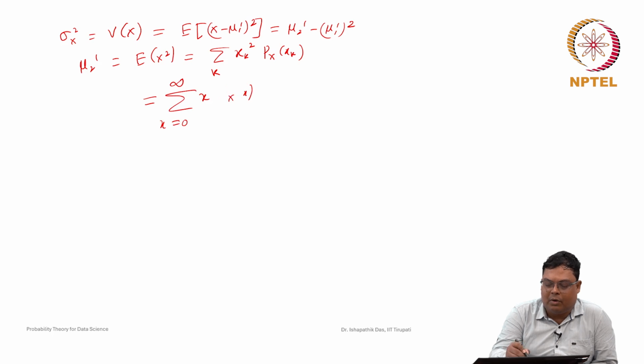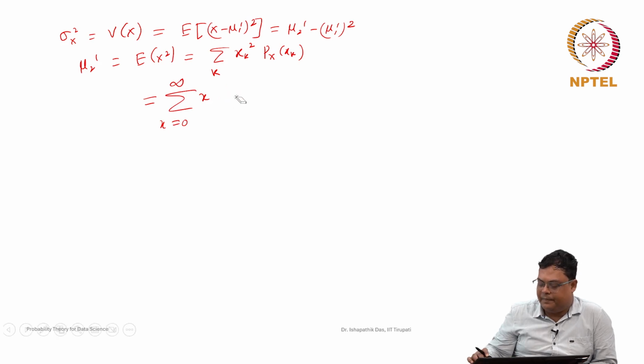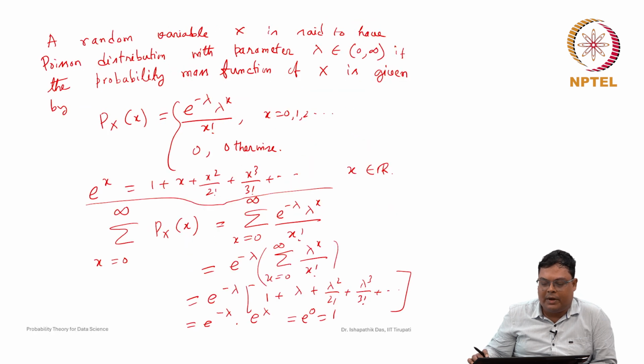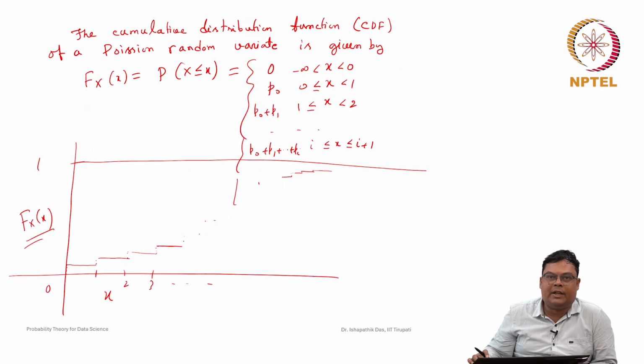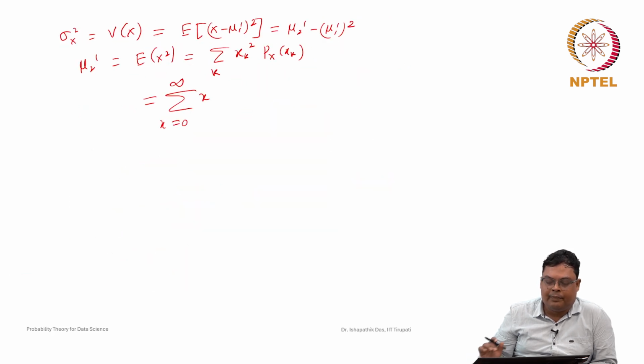Here we write the probability mass function of this Poisson distribution: p x of x is e to the power of minus lambda, lambda to the power x by x factorial.